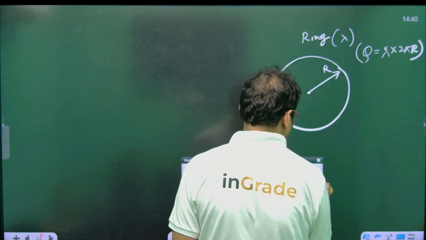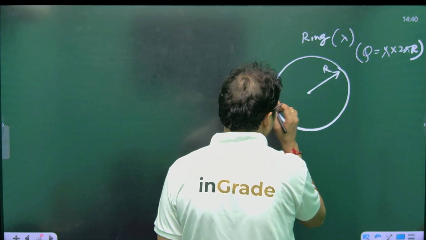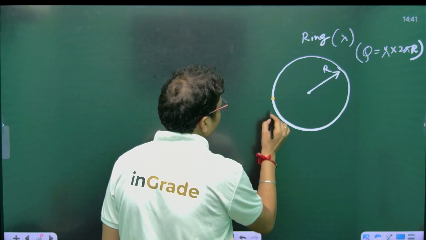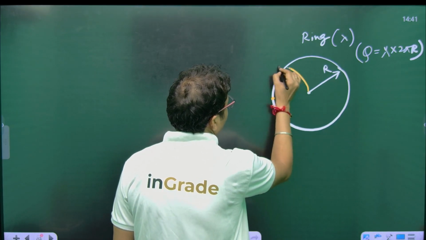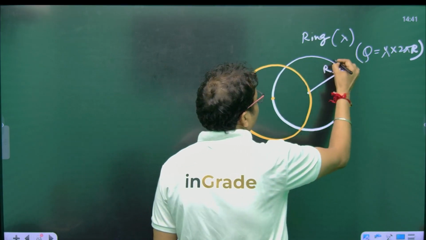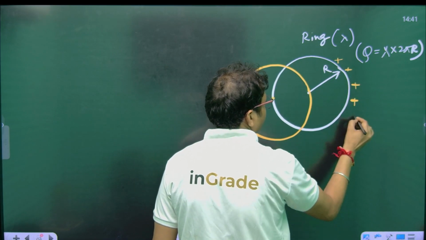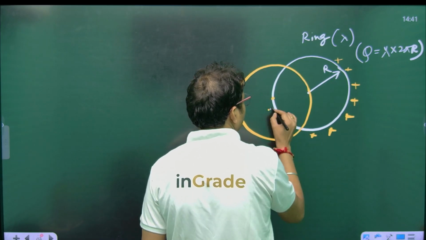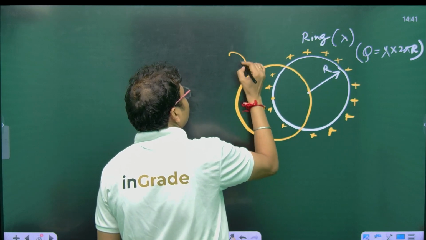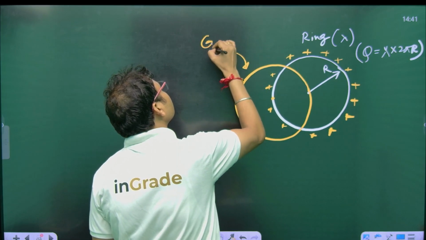There is another ring having the center on the periphery, like this. Here the charge on the ring is positive, let us say. This is our Gaussian surface.